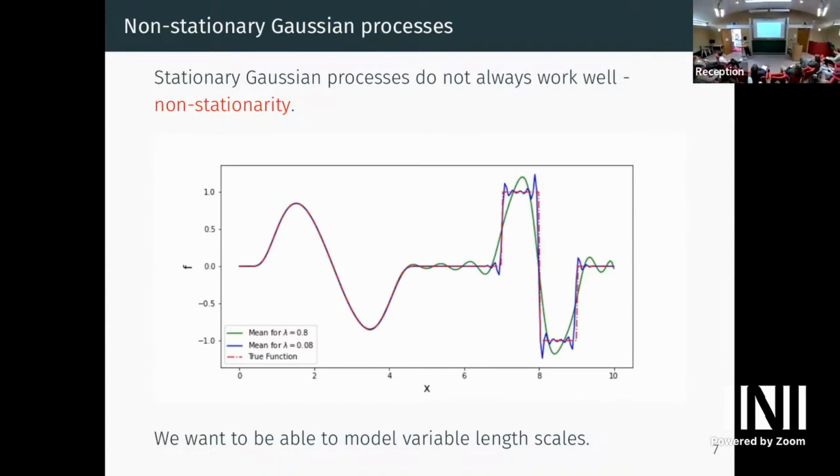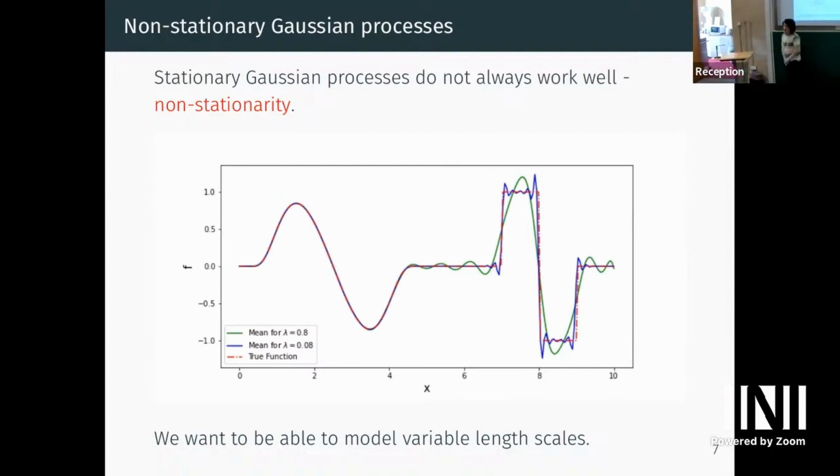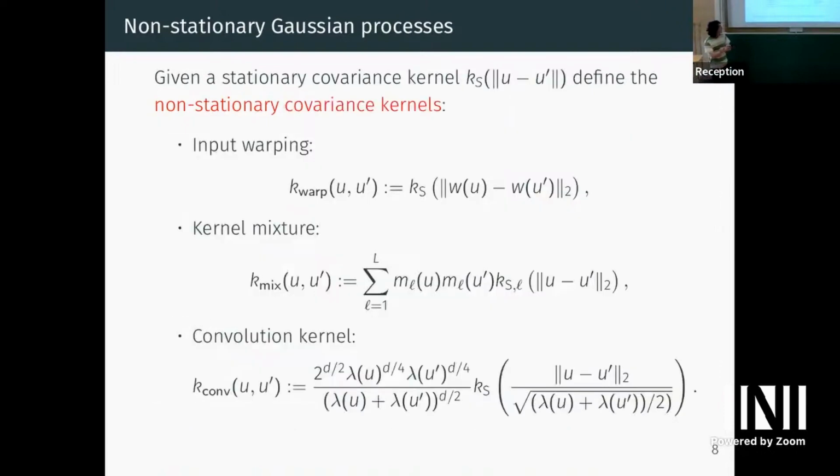So essentially the problem that we want to solve is to somehow vary the length scale over our input domain. These are three options for kernels that we can pick to vary the length scale over the input domain.